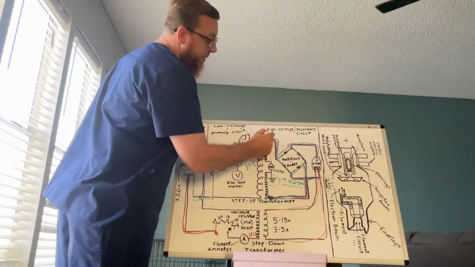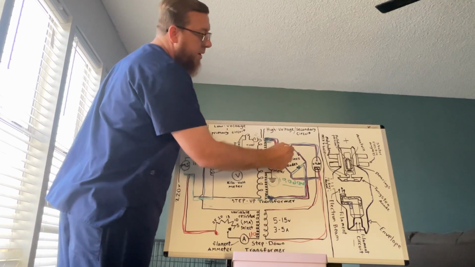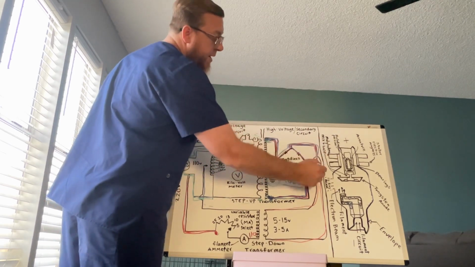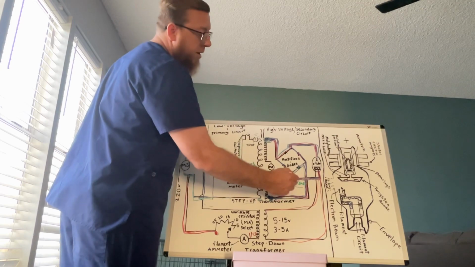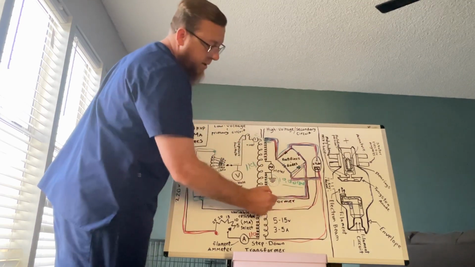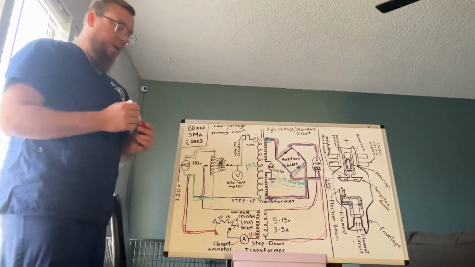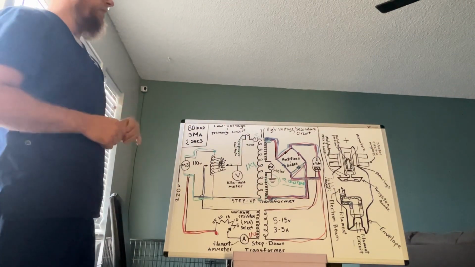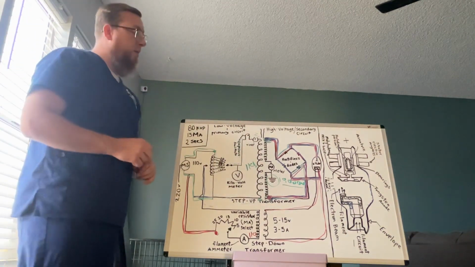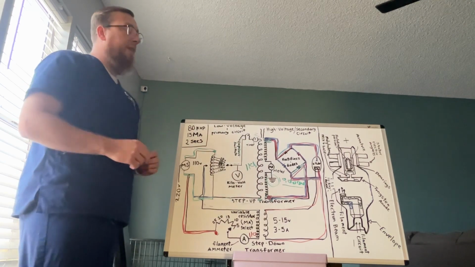It will go from top, down, up through the anode, out the cathode, down to our bottom side of our step-up transformer. At this point, we are now having pulsating direct current.